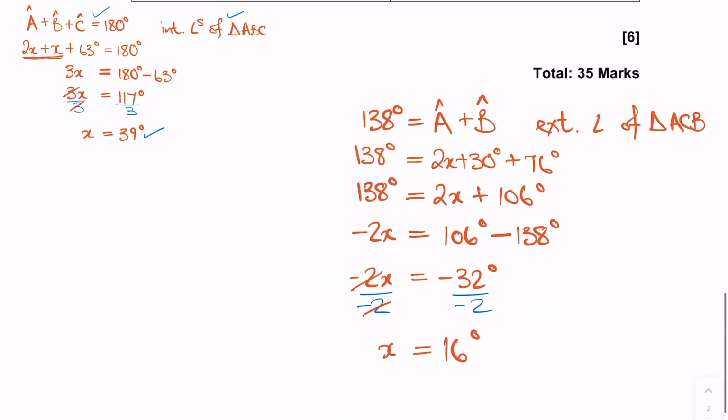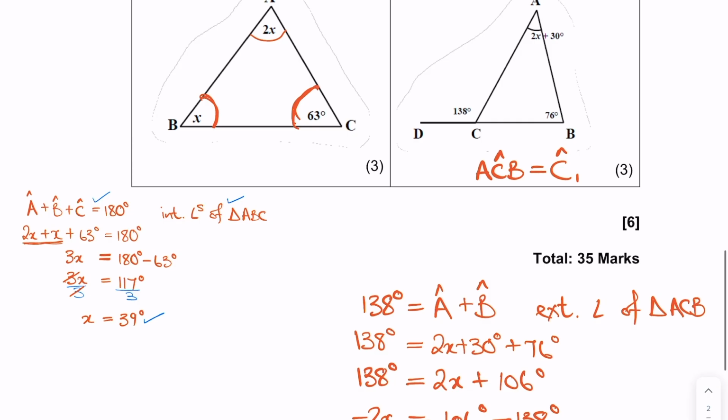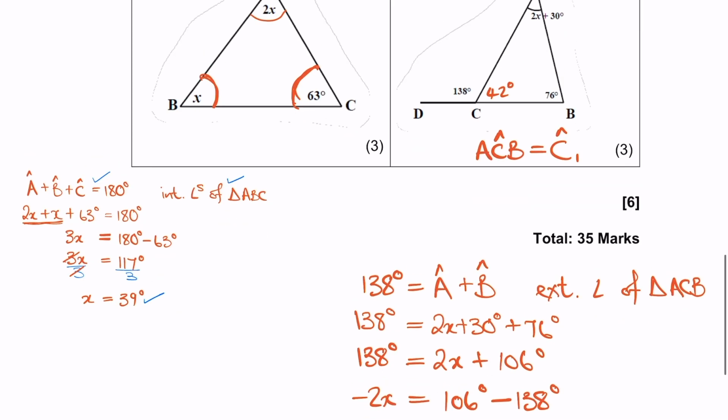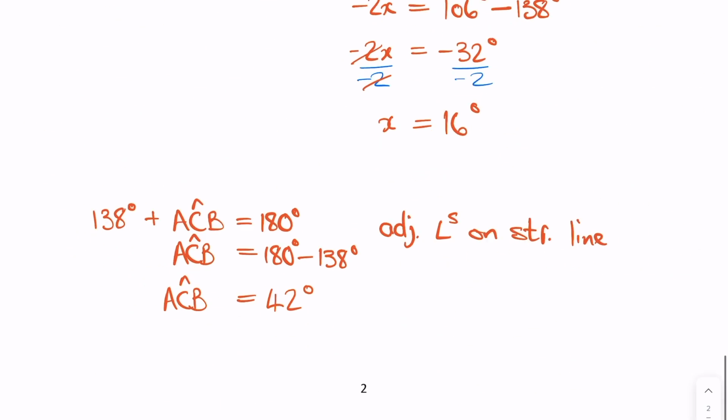Now I'm going to use 42 degrees. I come back up here and I say, okay, this angle is actually 42 degrees. Now I can take 42 degrees plus 76 degrees plus 2x plus 30 degrees, and I can put them equal to 180 degrees. So let's do that quickly.